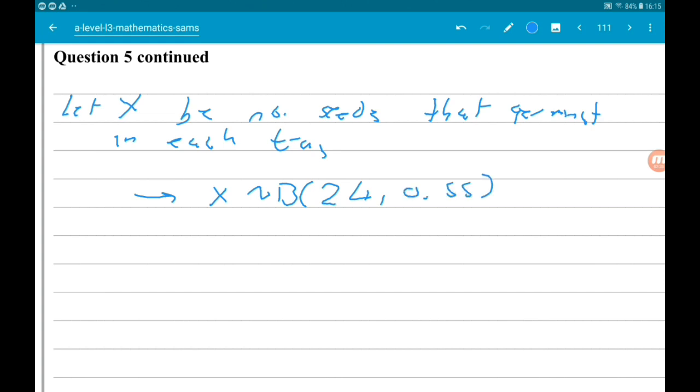Now we want at least 15 to germinate, so the probability X is greater than or equal to 15 is 1 minus the probability X is less than or equal to 14.